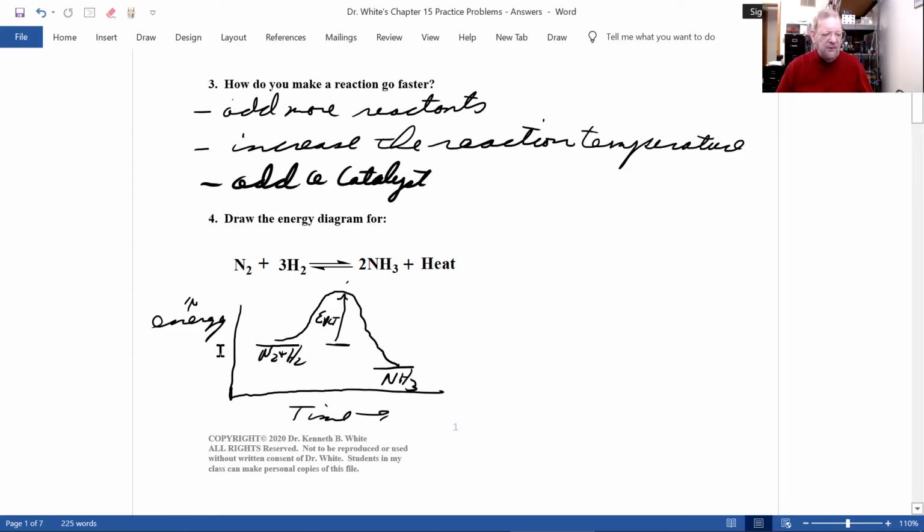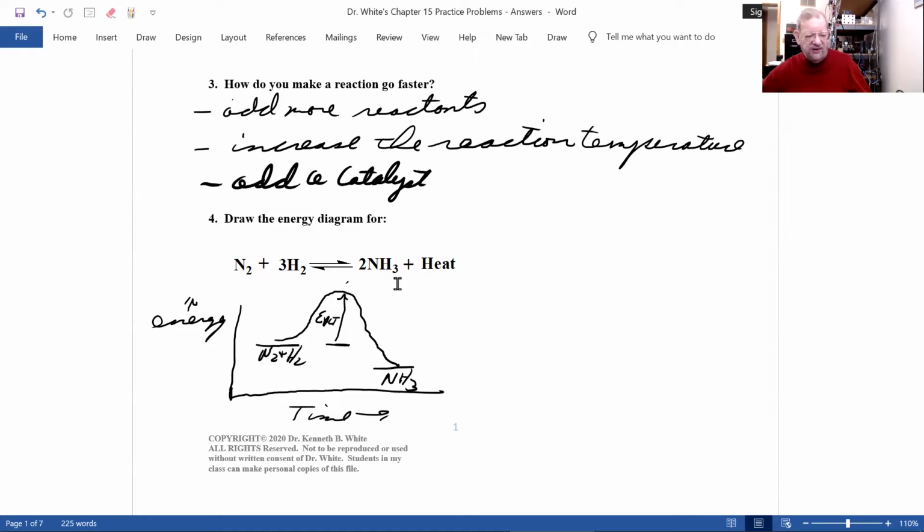Remember the energy diagram: the y-axis is energy, the x-axis is time. The amount of energy on the reactant side equals the total energy on the product side. When you do a chemical reaction, you never create or destroy energy.